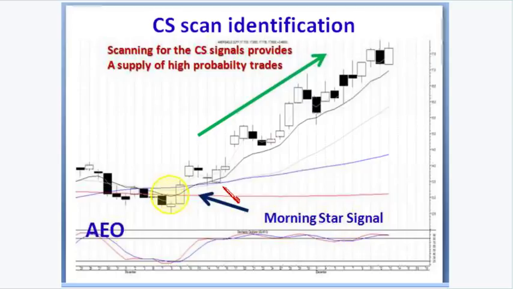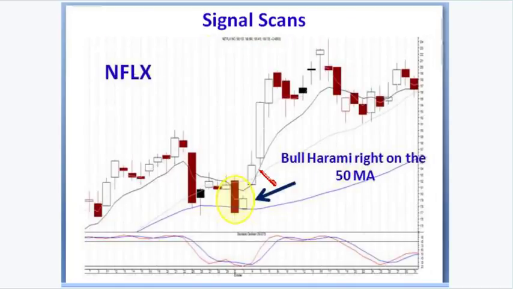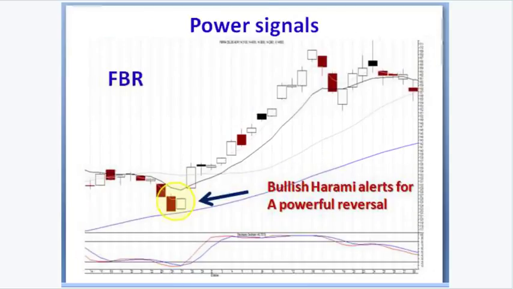So what we're identifying is the candlestick signals and looking for them at the appropriate places, like a bullish Harami right smack dab at the 50 in the oversold area, which gives us a high probability trade setup. Bullish Harami, followed by a gap up right off the moving averages.